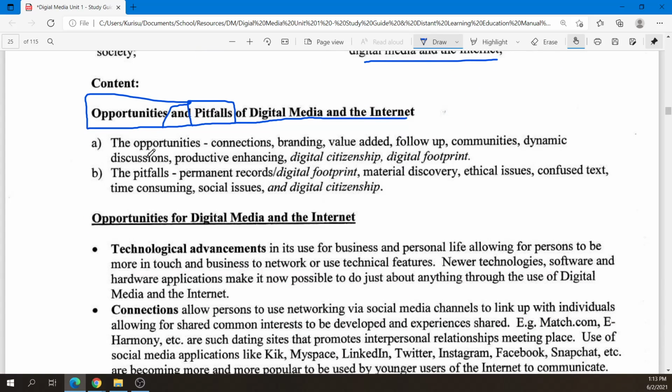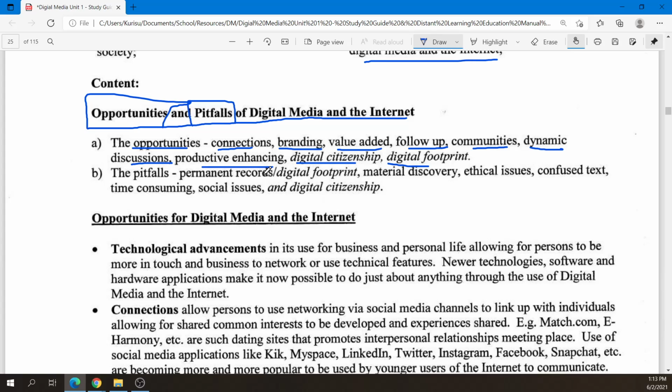So our content, we are looking at the opportunities. What opportunities do we have? We have connections. Because of digital media, we can make connections, we can have branding, we can have value, we can make better follow-up, we have communities, we have dynamic discussion, productivity enhancing, digital citizenship, digital footprint.